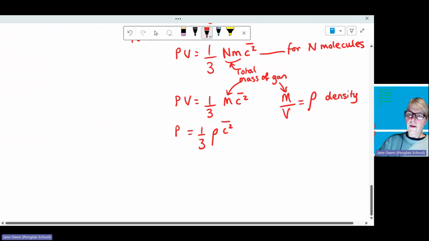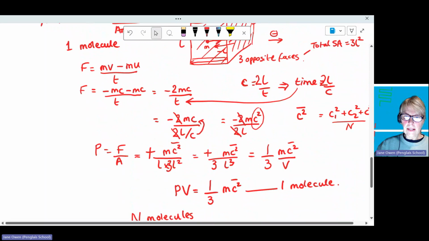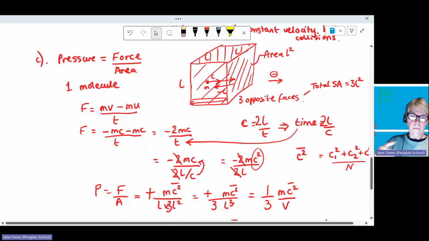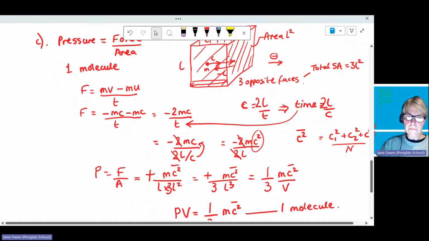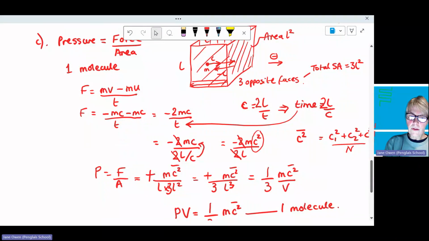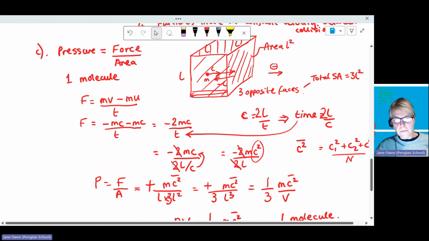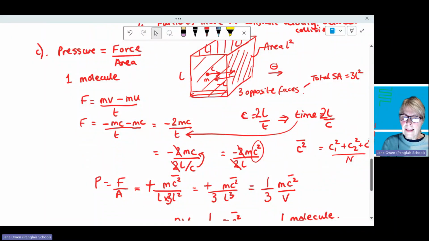So you have to go back really, really carefully, and remember, there's some key things here. Force is the rate of change of momentum. You've got to remember that the direction of the velocity changes. Then for time, you can do distance divided by speed, but you've got to remember the distance is twice the length that the particle travels. So in a sense, the particle is at one corner because it can have a choice of the three different faces.